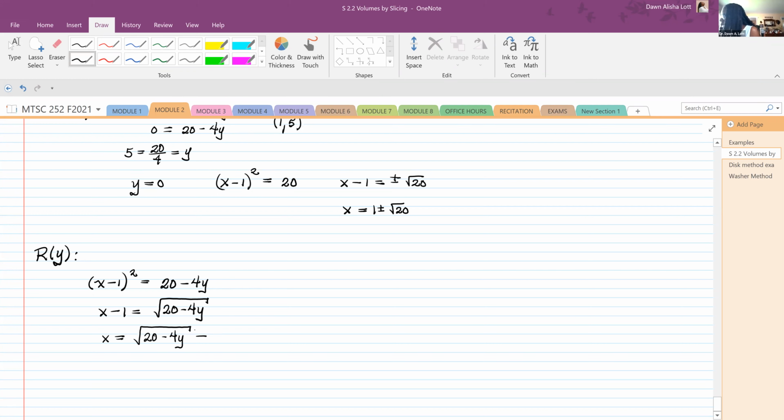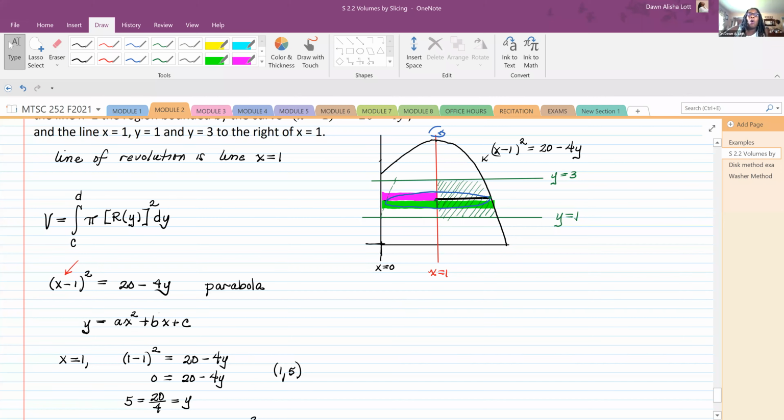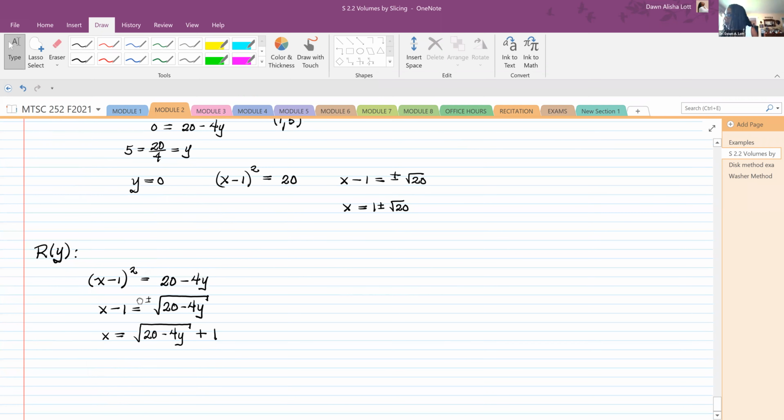Now you should be saying, how come you didn't do plus or minus? Well, the reason I didn't do plus or minus is because all the X's are positive. I'm on the right side of the axis, so I don't want the negative part. Even though this is truly plus or minus, I only want the positive part.